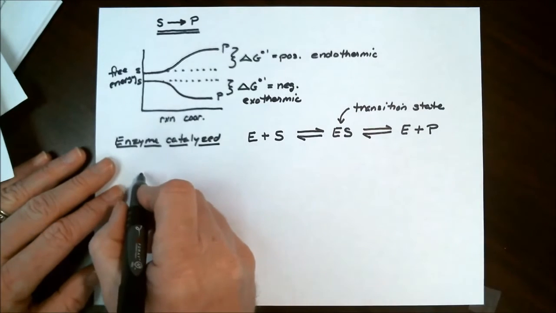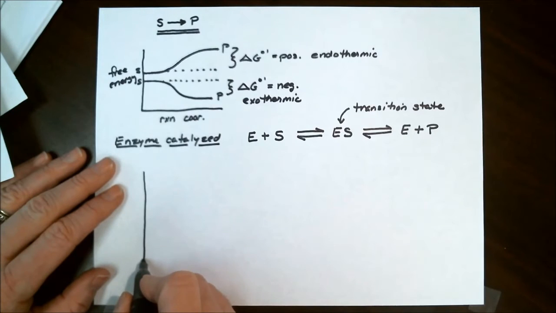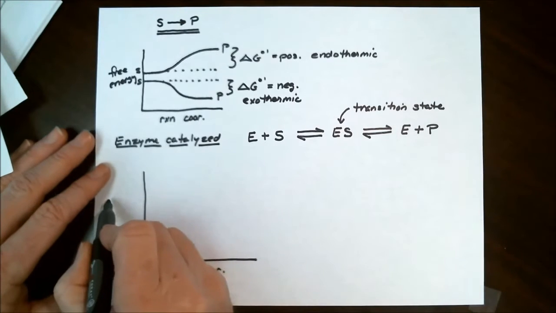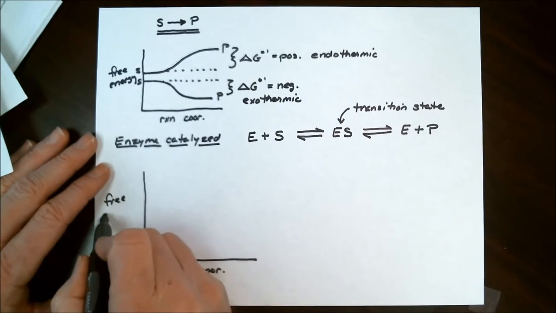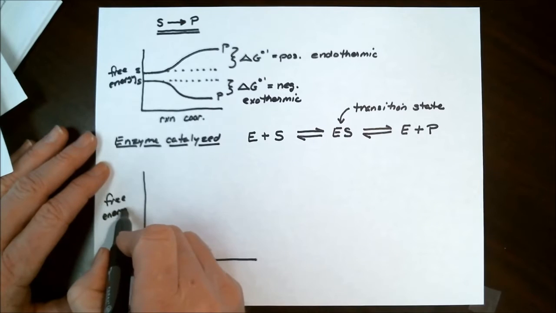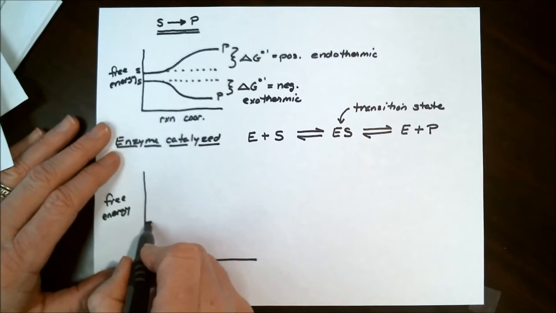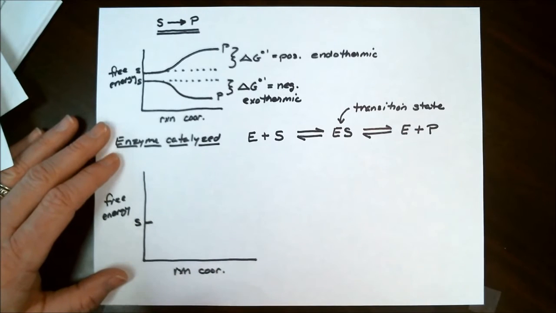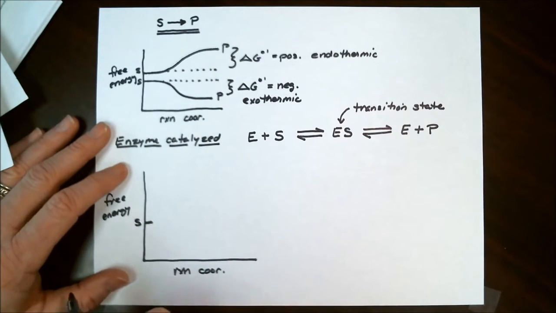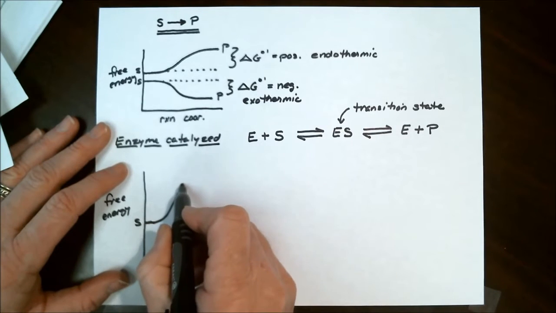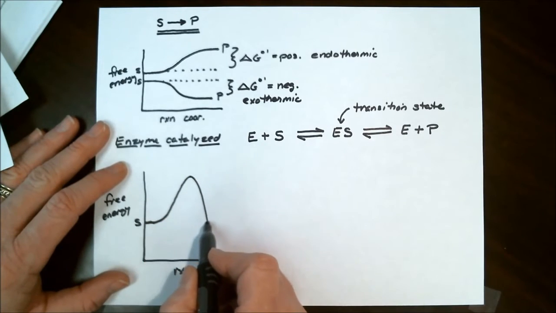Now if we place this reaction on a graph, as we've seen before, reaction coordinate, free energy change, free energy state, what we can measure is that if this is the free energy of the substrate, typical enzymatic reactions requiring enzymes will look like this.